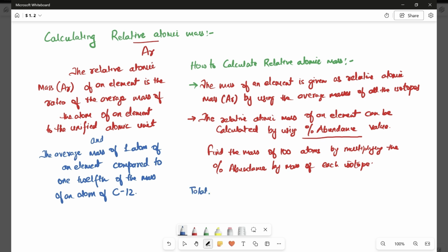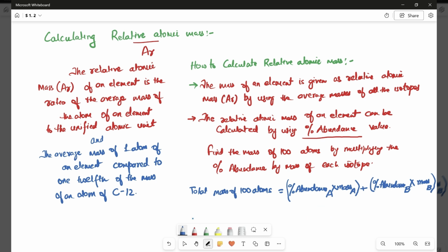Total mass of 100 atoms equals percentage abundance of, let's say, A isotope into mass A, plus percentage abundance of, let's say, B isotope into mass B. And like this we can go ahead.